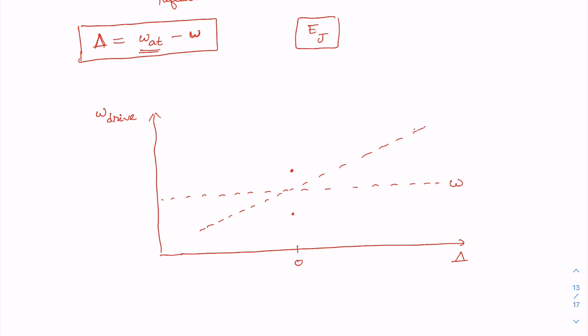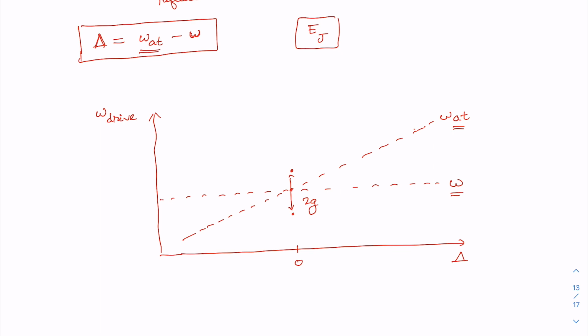So this is how the atomic transition frequency is getting changed, and this is the point of crossing, or the degeneracy point, where the bare cavity frequency is equal to the atomic frequency, or the drive frequency is exactly equal to omega here. This difference is, as we know, equal to 2g.